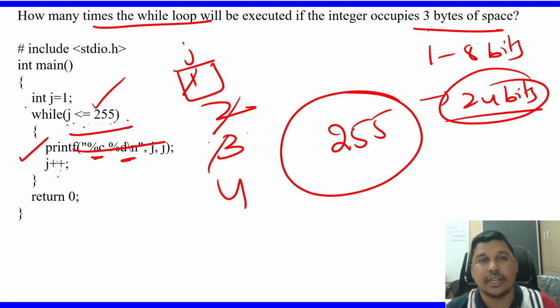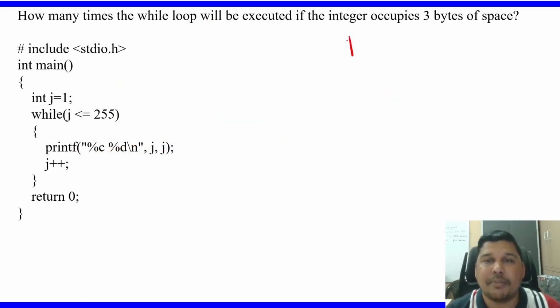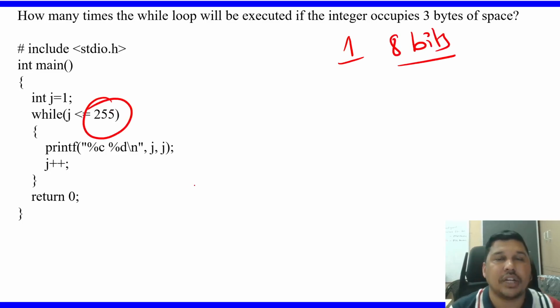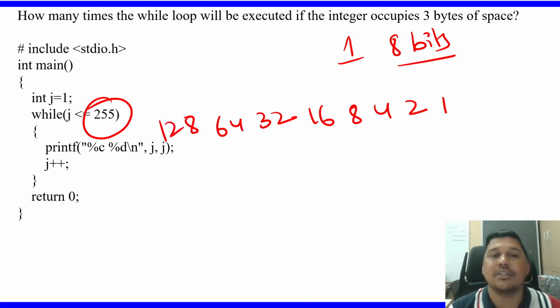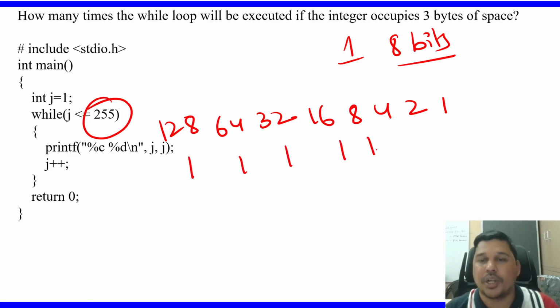bytes, right? But if it occupies 1 byte, it's a challenging part, because 1 byte means 8 bits only. So can I hold this 255 number with 8 bits or not, that you verify. So if I write 1, 2, 4, 8, 16, 32, 64, 128. See, the maximum value which I can store is 128, with all ones.